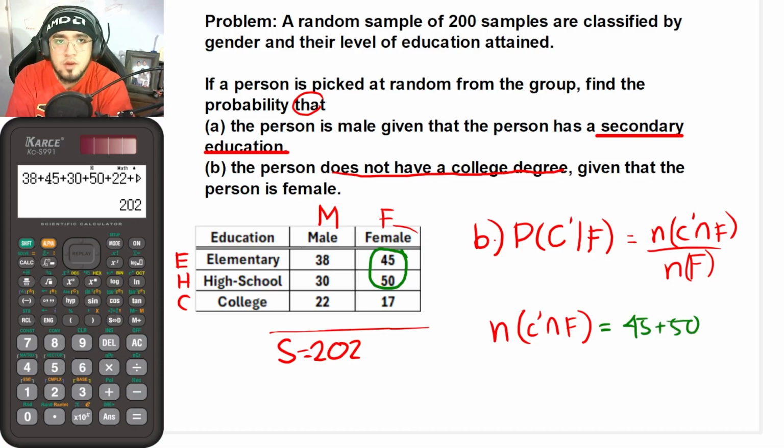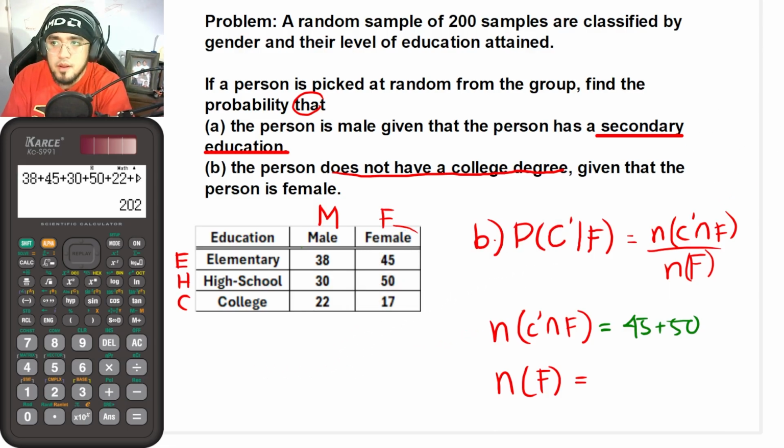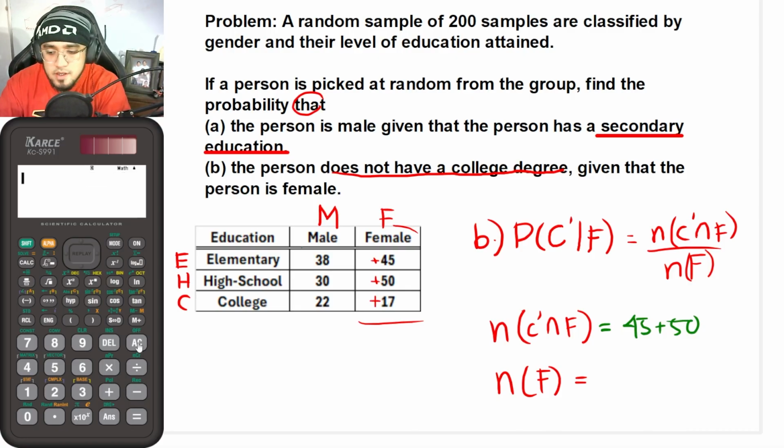Okay? So what about for the number of females? So that is now N, F. So how many females are there? So if I am to total the number of females, that is now 45 plus 50 plus 17. So looking at the calculator to your left, 45 plus 50 plus 17, that is now equal to 112.